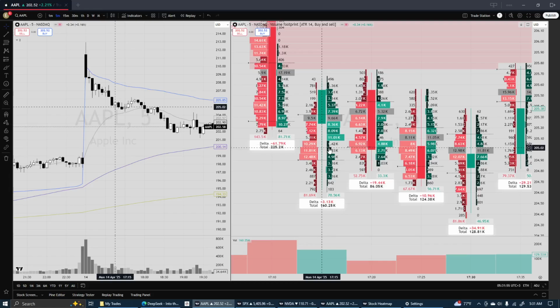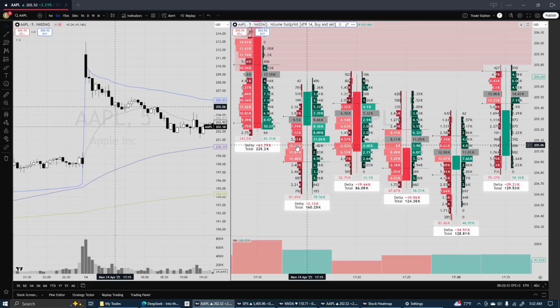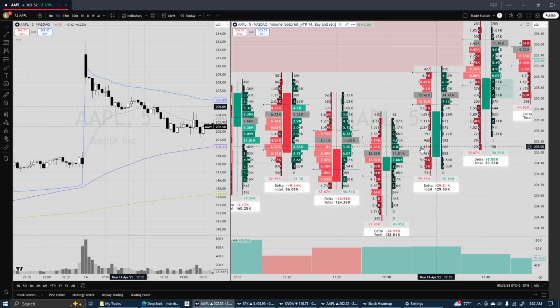So the 205 region is clearly overlapping, 205 to 205.14. Let's see who was winning here initially. Initially at this price level specifically, the sellers were winning. Sellers won. And when the price did rally, even then the sellers won.